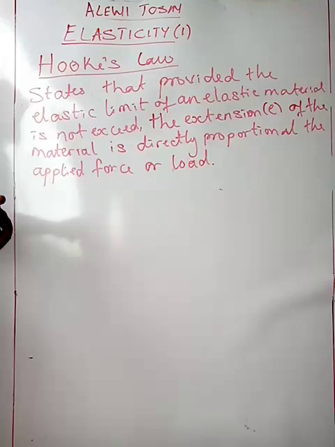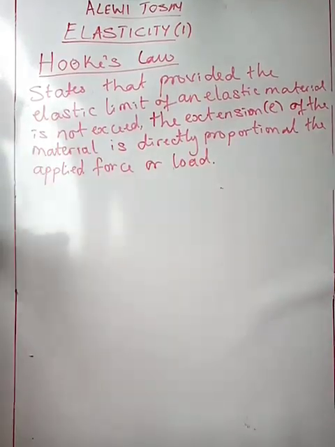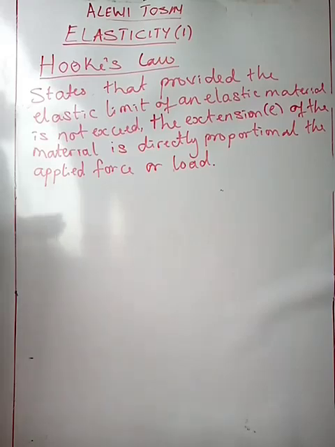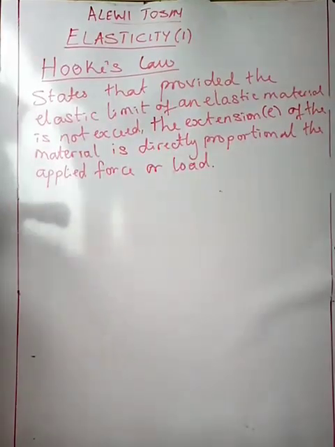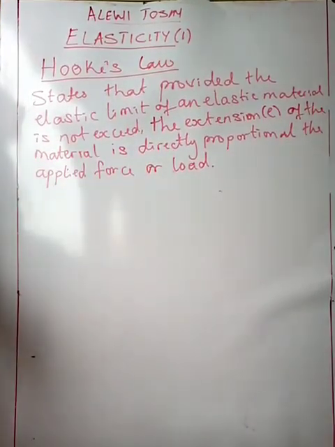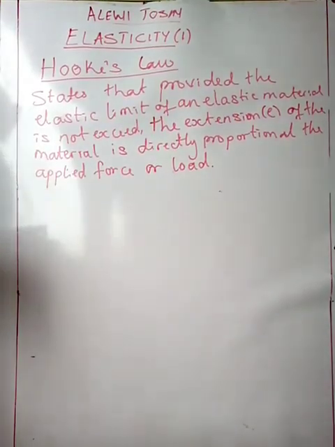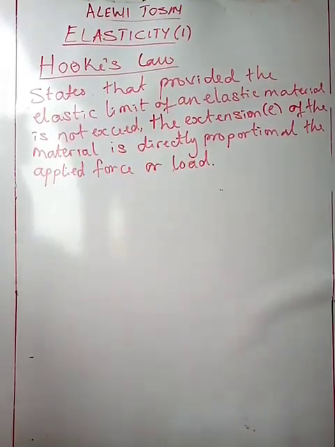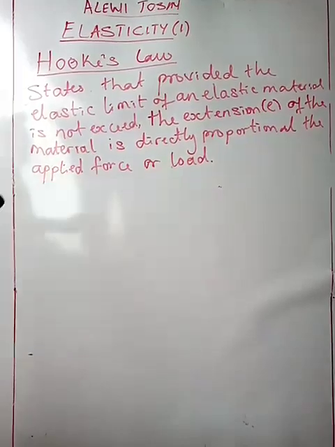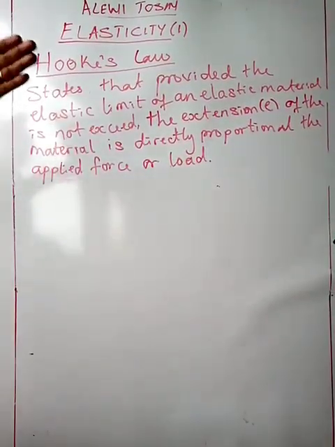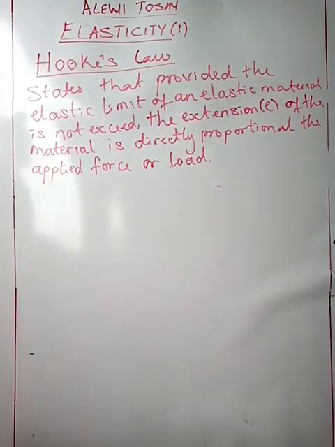Provided the elastic limit of an elastic material is not exceeded. What is the elastic limit? That is the point where it's impossible for the elastic material to come back to its original position again, or a point where the extension is not directly proportional to the force or load on it again.